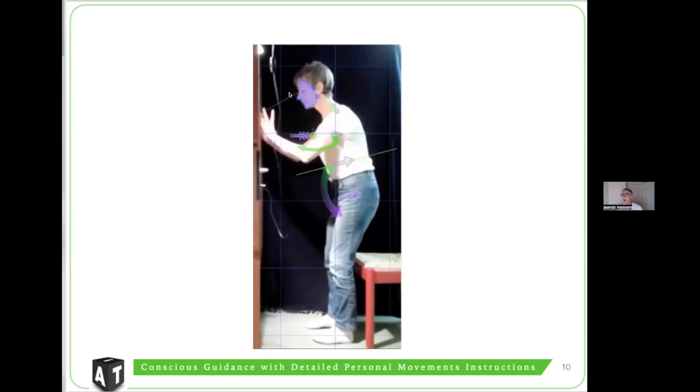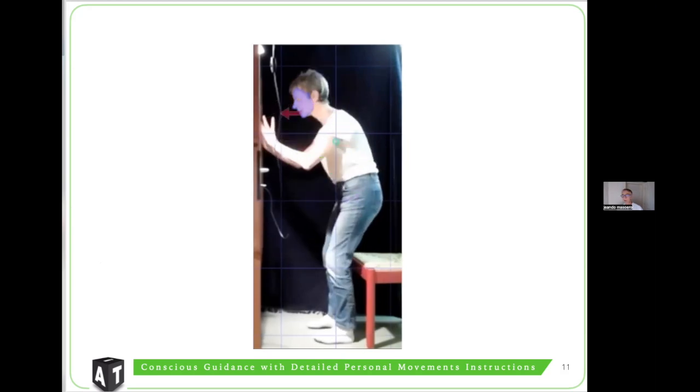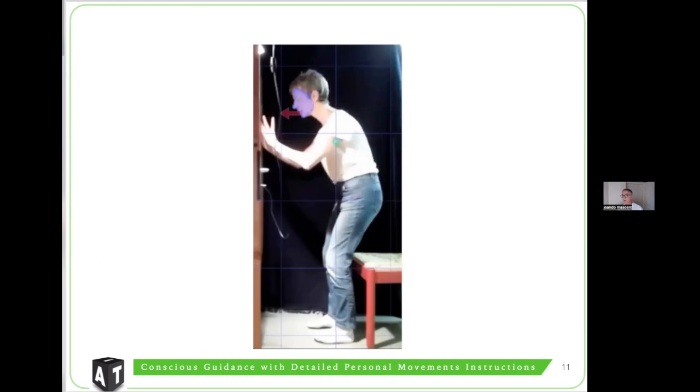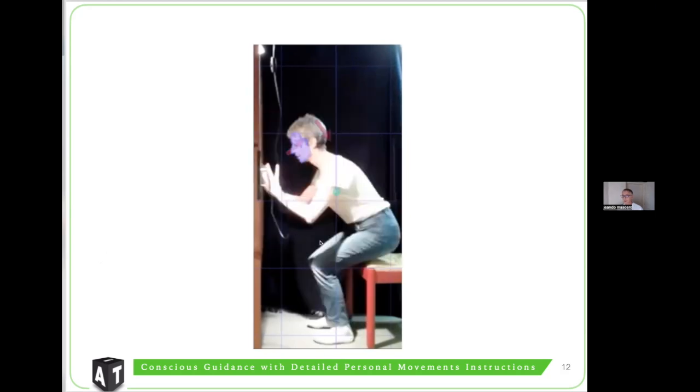So I'm showing different pictures of the person going into some sort of, well, working position or sitting if you want. And there are things that are not absolutely correct, that's for sure.